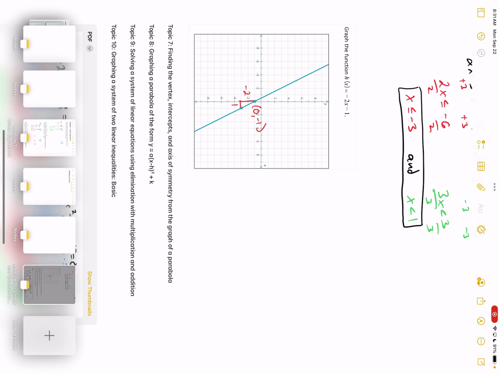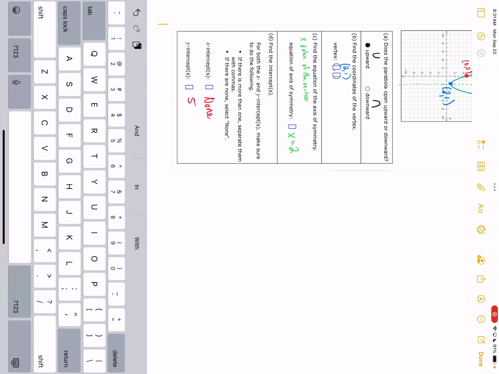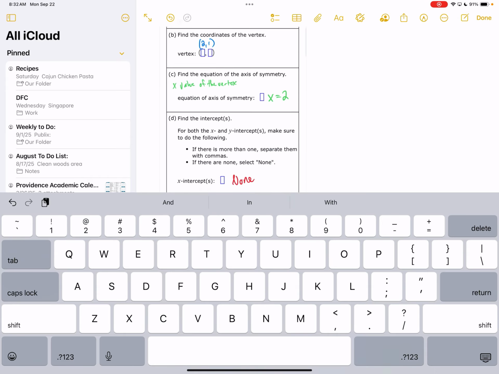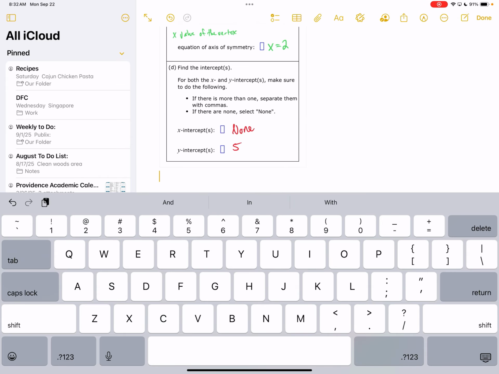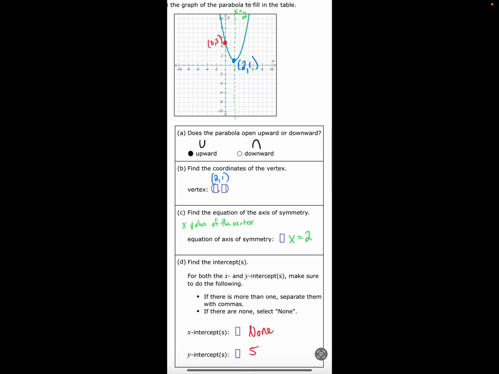And I will try to make that bigger in just a second. We got to go to our work page too and answer some questions. Hold on before we answer that work problem. Let's go see what number 8 is.